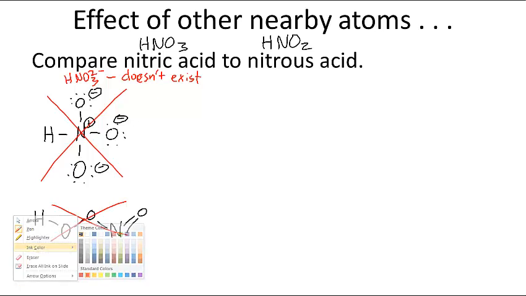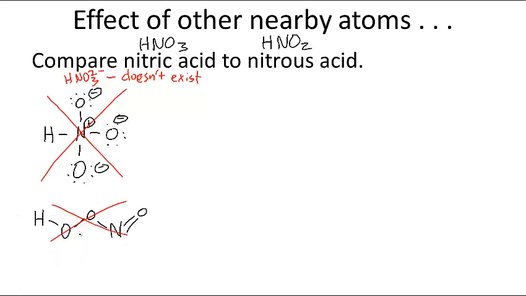One thing I want you to know about these acids with oxygen, these oxyacids, the hydrogen is always bonded to the oxygens. So HNO3 should be connected that way. And then HNO2 should be connected that way.